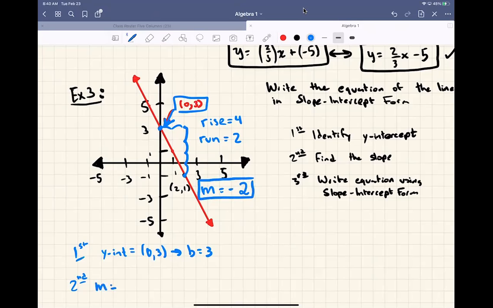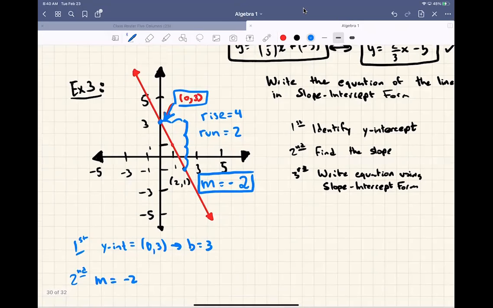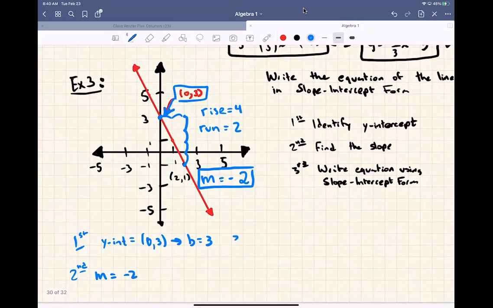So our m is -2. Then step 3, we're going to write y equals mx plus b and just plug in the values. m is -2, x plus 3, which is our b. So we get y equals -2x plus 3.